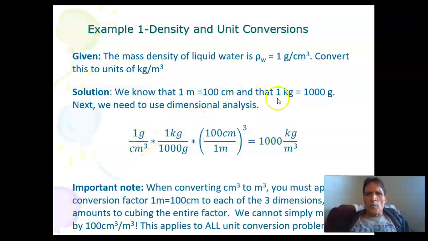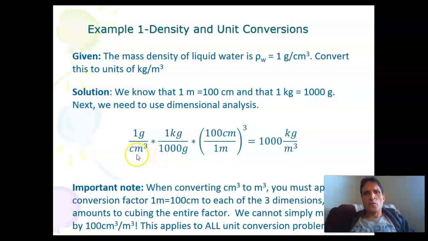So we apply 1 kilogram is 1,000 grams. We want the grams to cancel out, so we put the 1,000 grams in the denominator, and the kilogram in the numerator. Then the units of grams cancel.